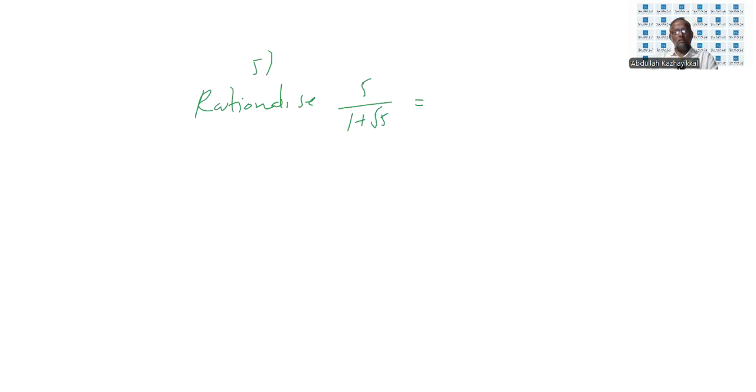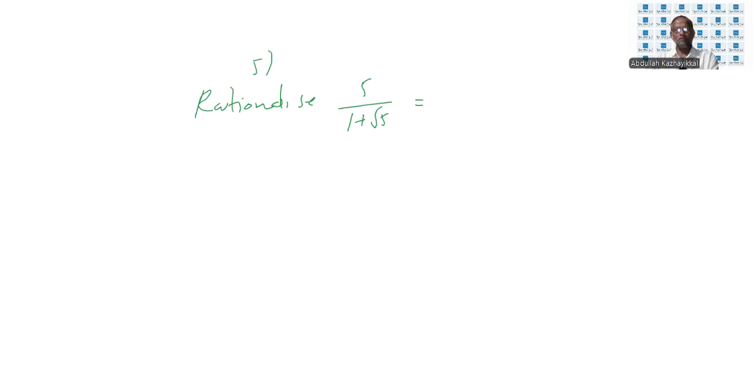Here, don't multiply by root 5 only, because here 1 plus root 5 is there. You cannot multiply by root 5 only.